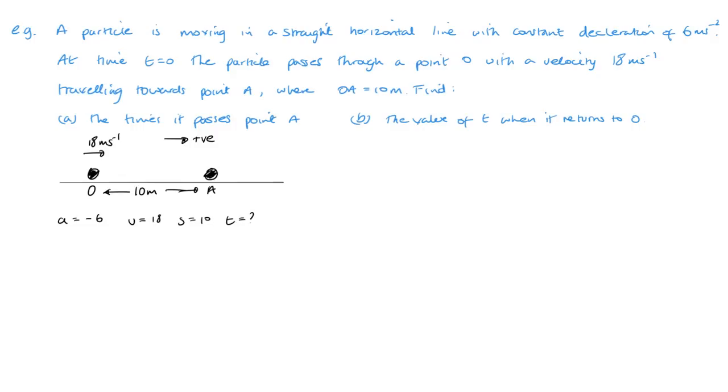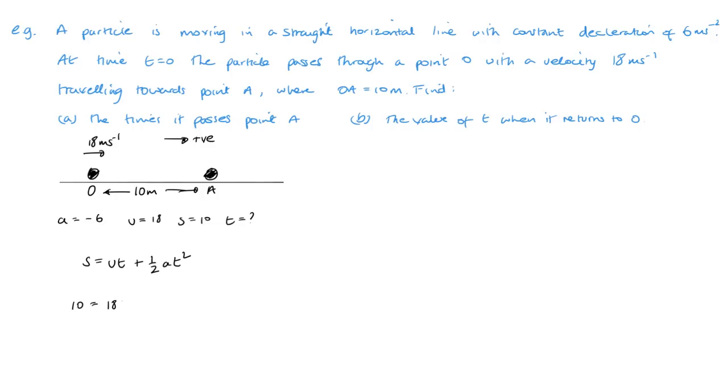So we want a formula with s, u, a and t, and that formula is s equals ut plus half at squared, containing all three of the ones we know, s, u and a, and t which we want to find. So I start off by substituting my values in.